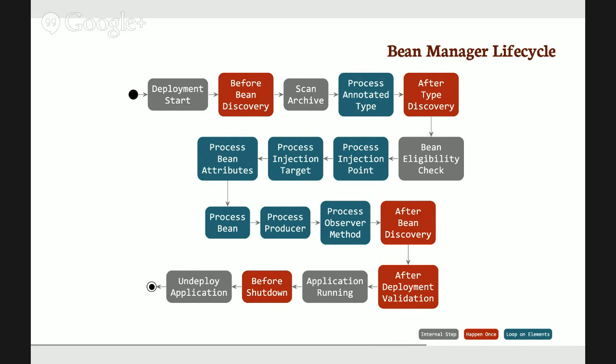And for each type, it will trigger the ProcessAnnotatedType event. So you can decide to listen to all the ProcessAnnotatedType events or only a subset of them, for a given type, or for a given subtype, or for a given annotation present in the type.